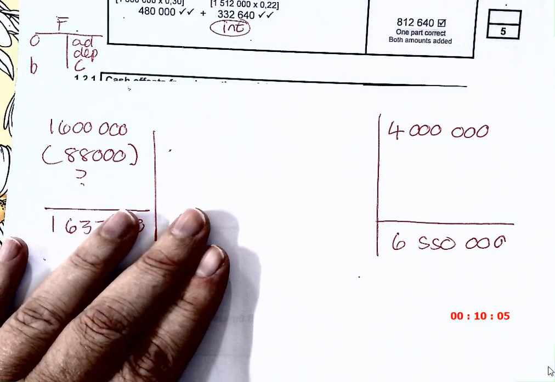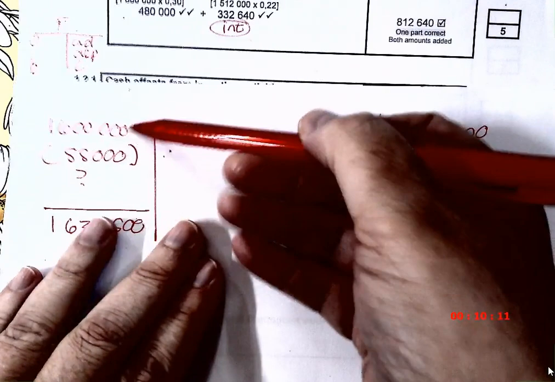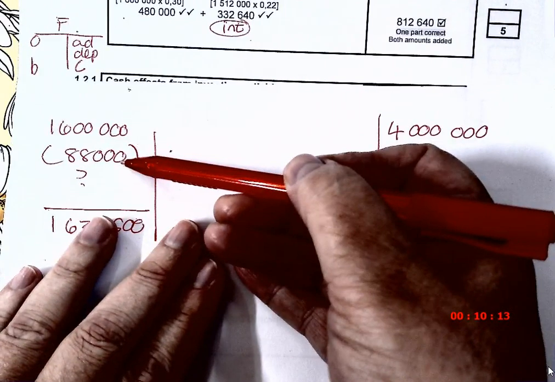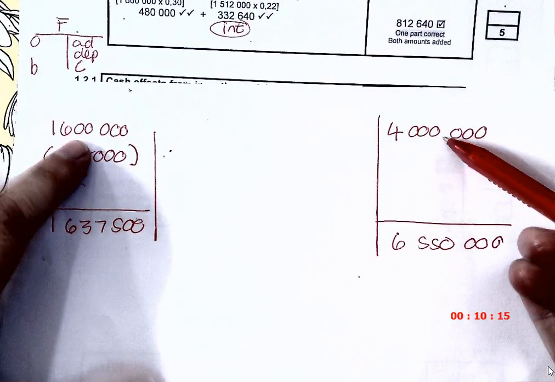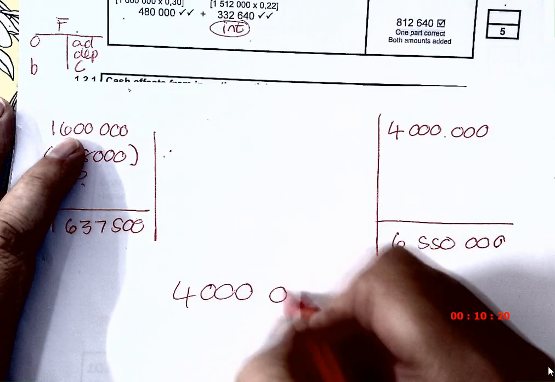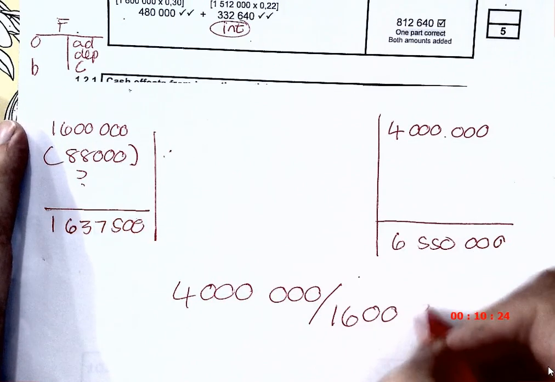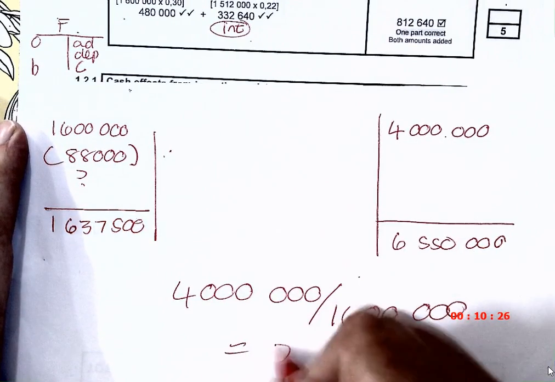How will I get the average? Can you see nothing happened between the opening and the repurchase? So that 4 million divided by 1.6 gives me what? R2.50.